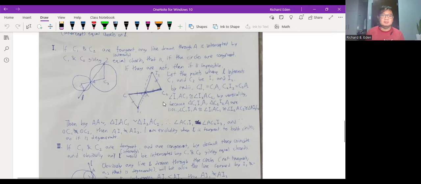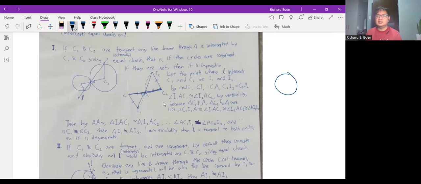Mag-work kasi mangyayari, itong side na to, S would also be, well, kasi that's going to be the radius, and then that's going to be the radius. So ibig sabihin, this length and this length are going to be corresponding sides of congruent triangles, so they're going to be equal. So if the two circles are tangent at A and they happen to have the same radius, then it doesn't matter how you draw L. So as long as it's through that point.